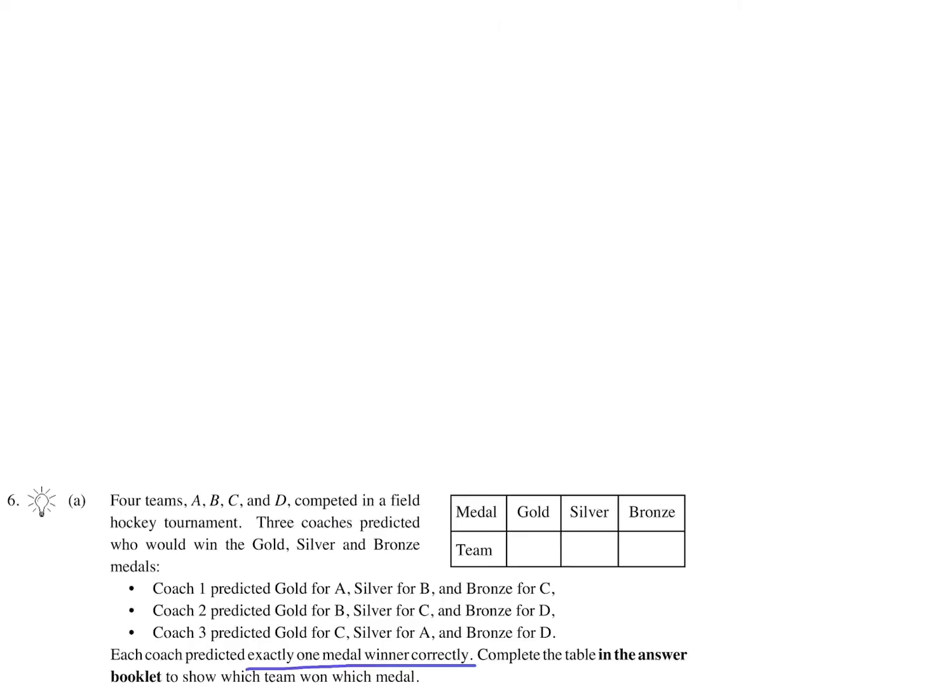So the key to this question is what I underlined. And this is really just a trial and error type of question. So let's work with this. So let's say Coach 1 accurately predicted that the gold medal was won by Team A. So gold for A. If that is the case, the other 2 coaches have to be wrong for their gold medal prediction because each coach predicted only one winner correctly.